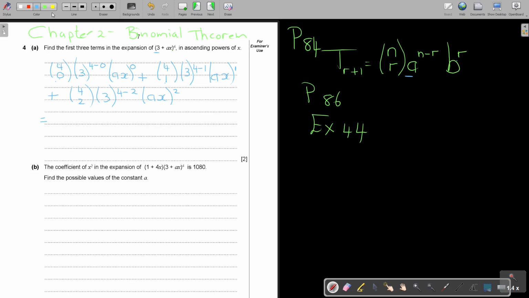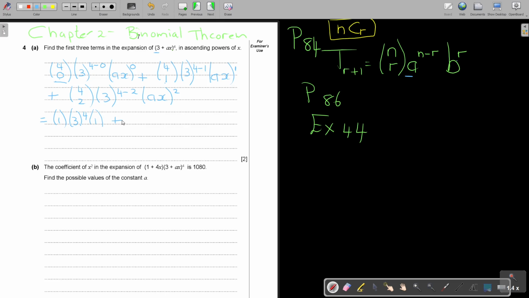The key on mine is nCr, so just find that key. If you want to press this one, you press 4 nCr 0, and it will give you 1. So that becomes 1, and then it's 3 to the power of 4, and anything to the power of 0 will always be 1.